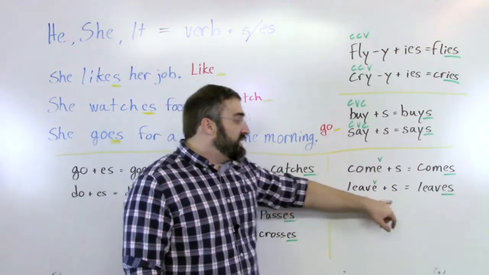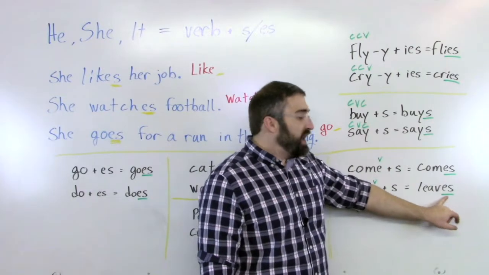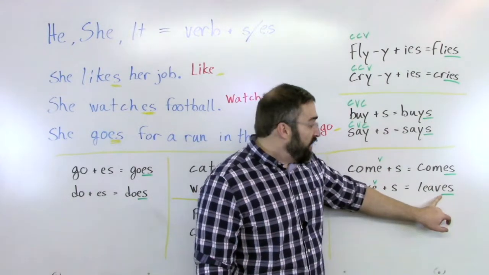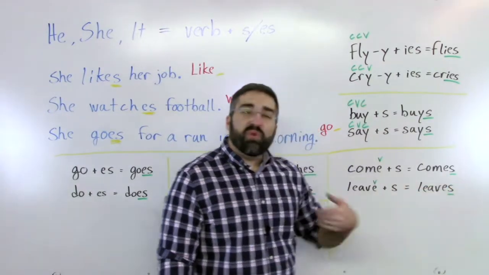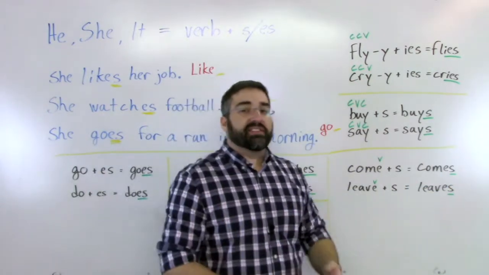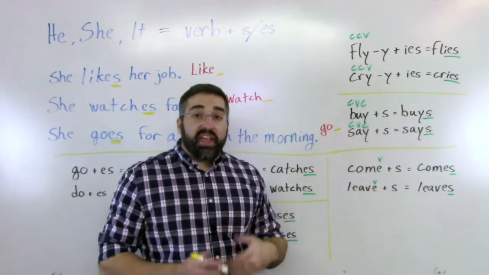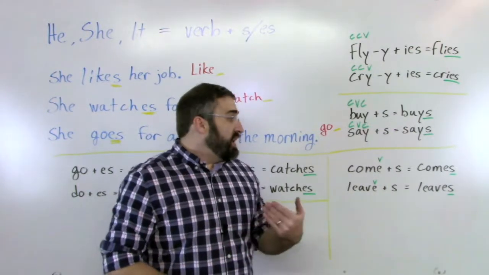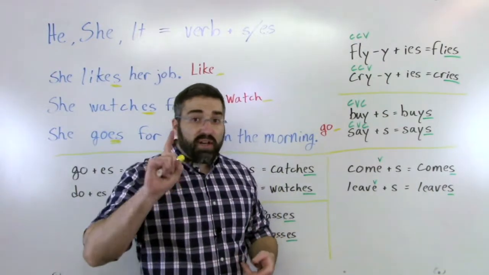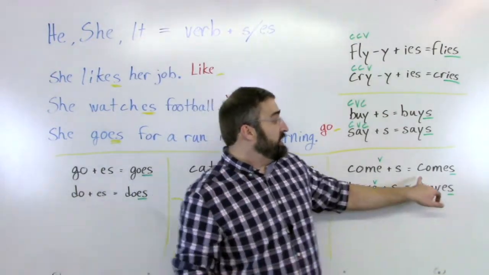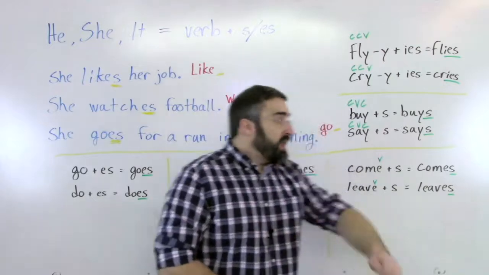Leave, right? He leaves, we add that S on there. We already have that E, so we don't have to worry about another E. We don't add another E. It's not C-O-M-E-E-S or L-E-A-V-E-E-S. No, just one E is all we need. Okay, so comes and leaves.